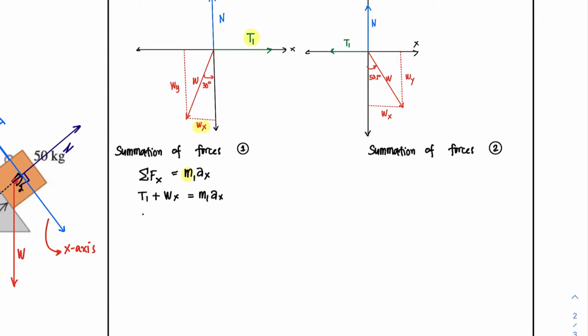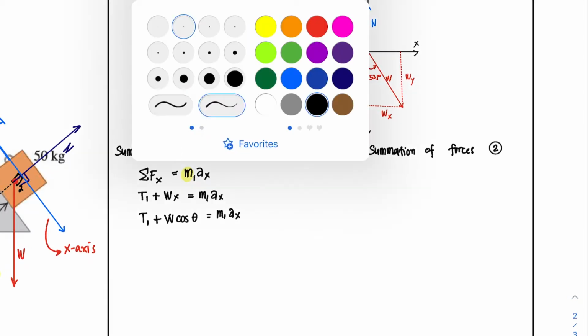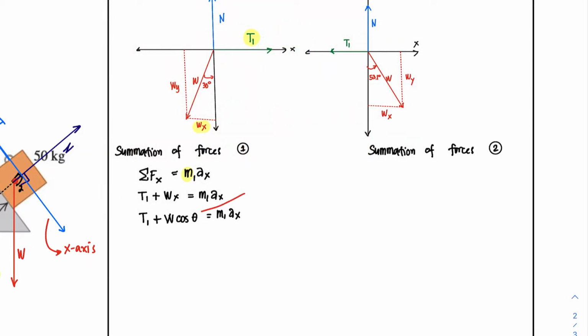Now I will just write T1, and for Wx, since I'm taking the x component, that will just be the cosine. So Wx will just be W cosine of the angle theta is equal to m1 a sub x. An important thing that you should note about theta is that it should be a standard position angle.